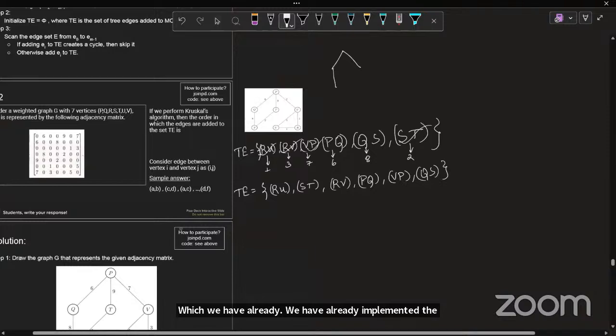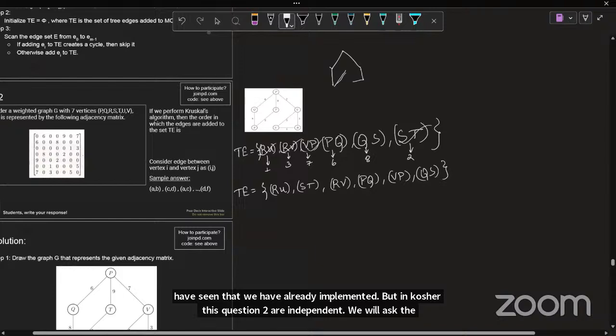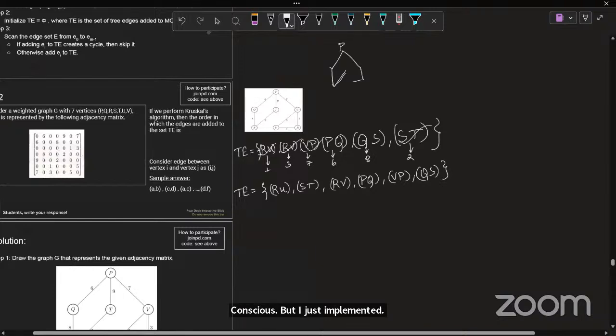In the exam, these two questions are independent, and independent questions will be asked. For the shortcut, I just implemented it. So this is the graph we have: P, this is V, this is R, and this is Q.